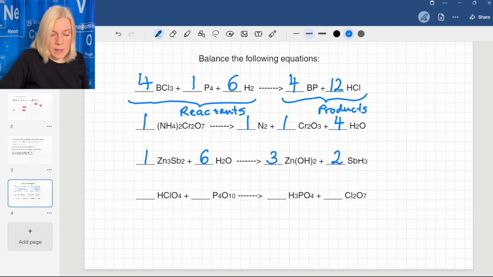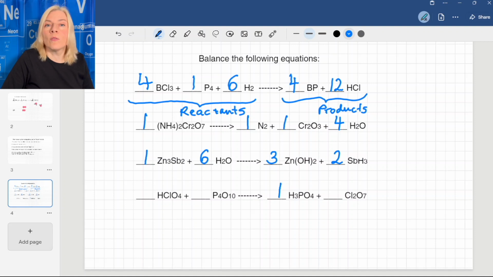So compound 1, the first compound, let's go here. This compound has 3 different types of atoms, and this compound has 3 different types of atoms. So I have to put 1 in front of something, so I'm going to put 1 in front of phosphoric acid. I'm going to put right here 1 in front of it.